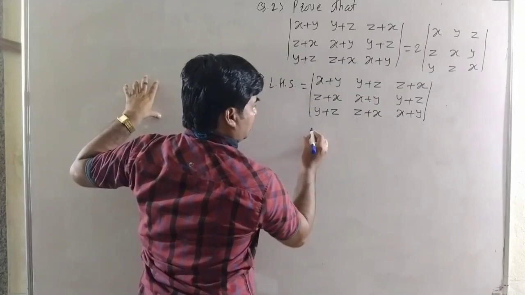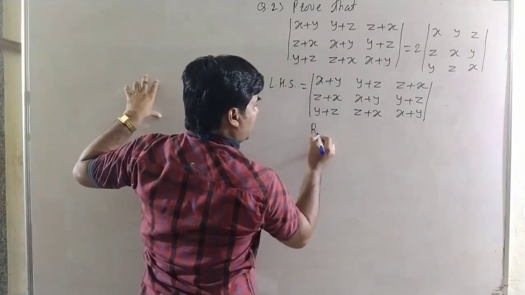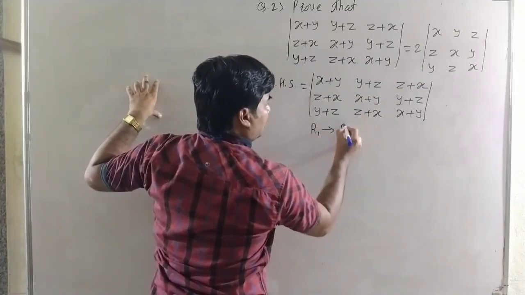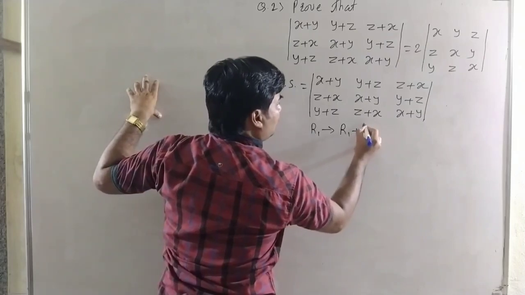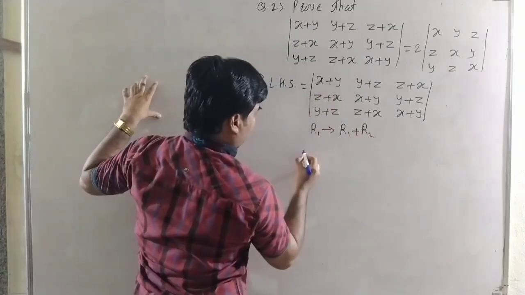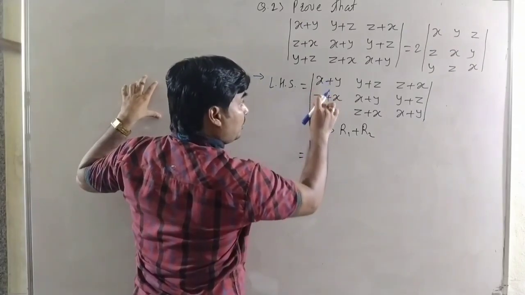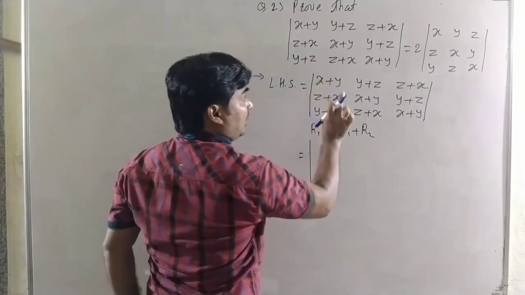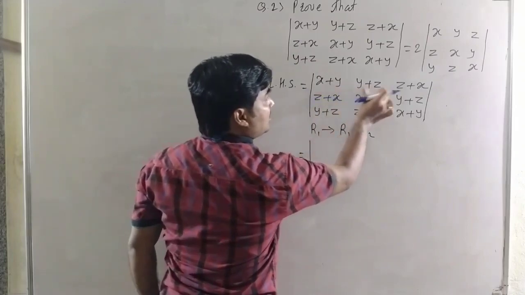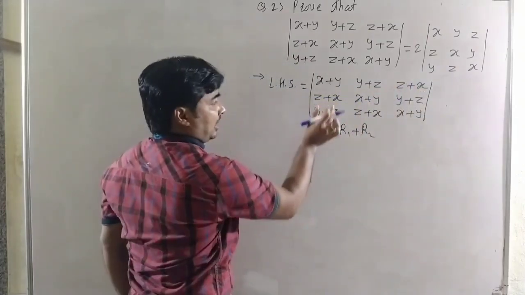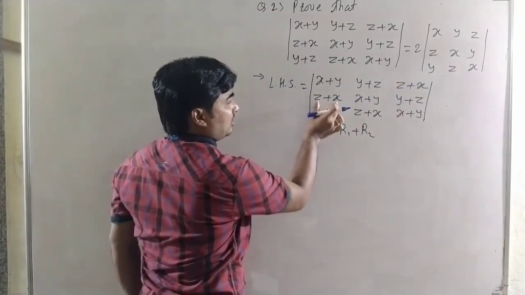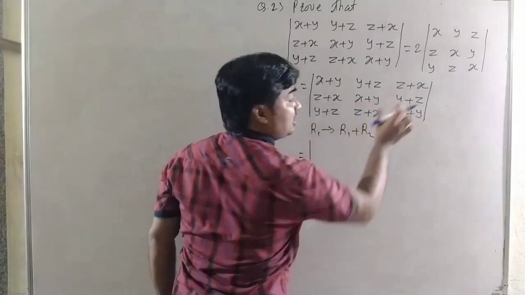Here, first transformation, see carefully. It is R1 plus R2. Then we get the determinant. The elements in R1 are x plus y, y plus z, z plus x, and the elements in R2 are z plus x, x plus y, y plus z.